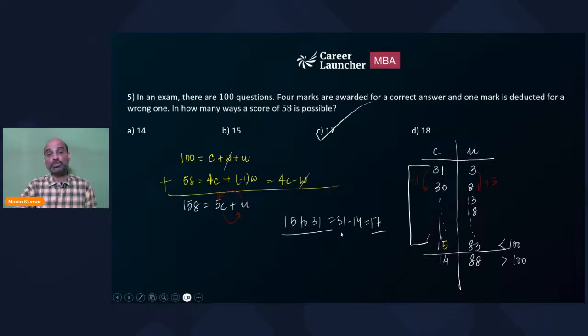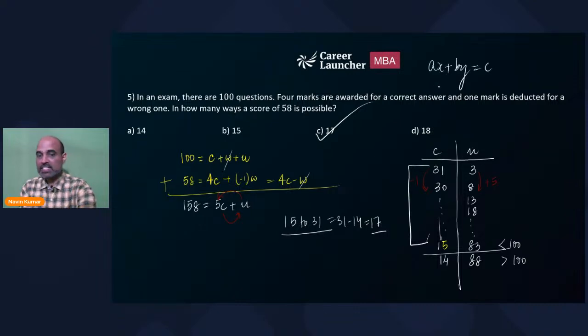So the concept used over here was whenever you have a linear equation of the form like this, the value of X will always change by B and the value of Y will always change by A. When I say change, one increases, other decreases, both increase, both decrease. It depends on whether they are plus, minus, or in which direction you're trying to move. Accordingly, it changes.